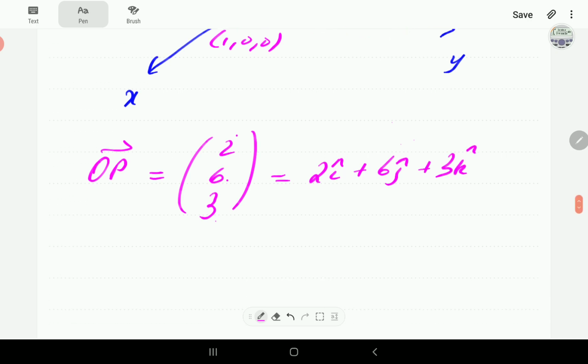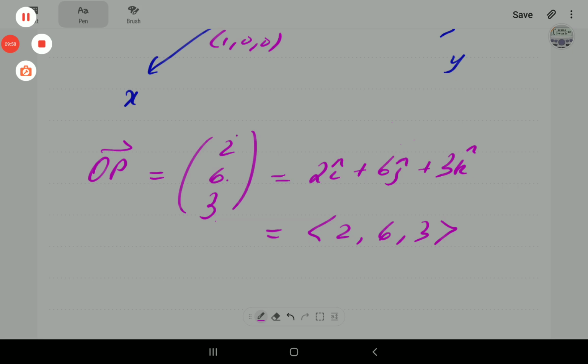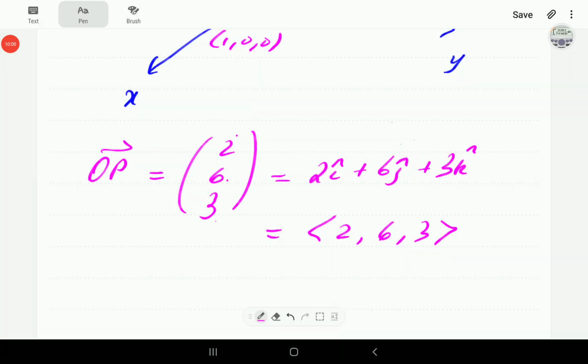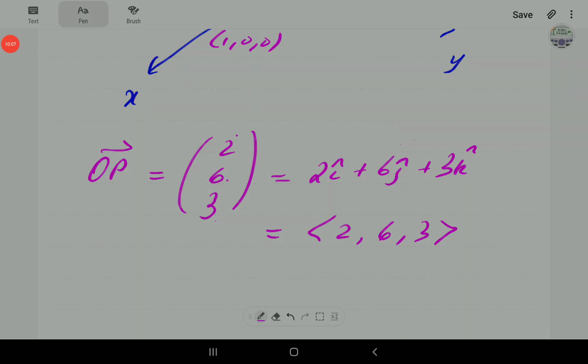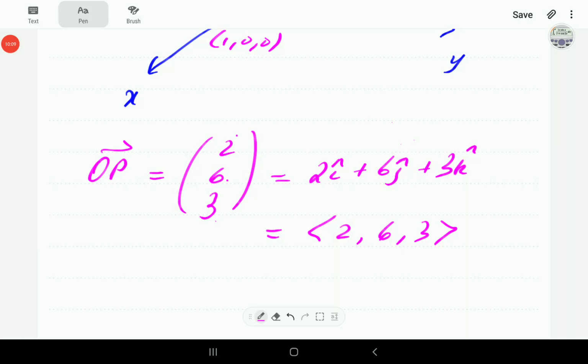So that gives us the third notation of vectors that we are going to use. We can use any of these three notations, and it is important to use these to denote your vectors and differentiate them from scalars.